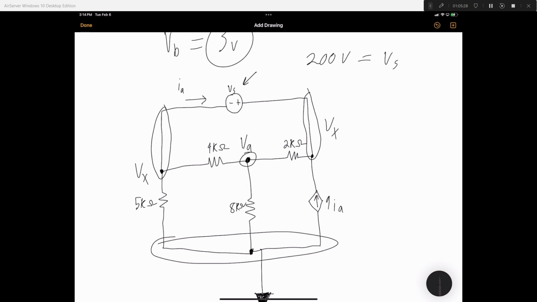What is known is the difference between those 2 node voltages, which can be written as a constraint equation. Enter the constraint equation that defines the relationship between Vx and V. Alright. So we're going to do a KCL.